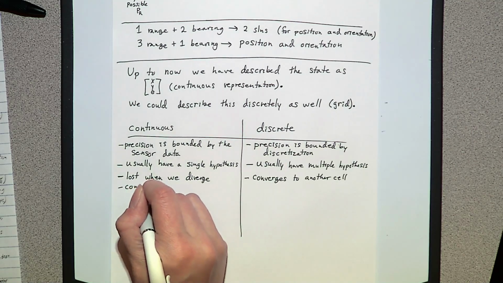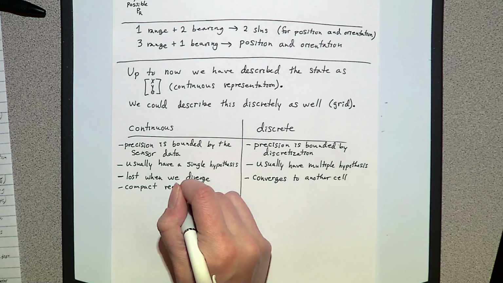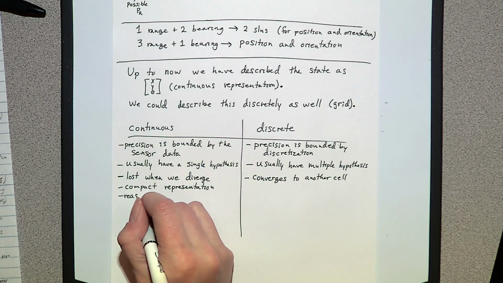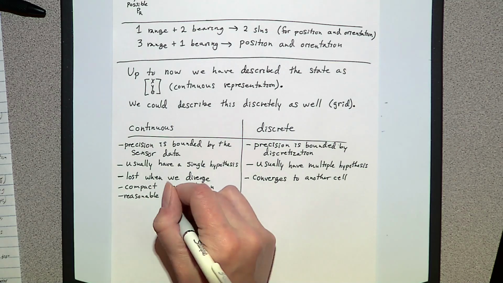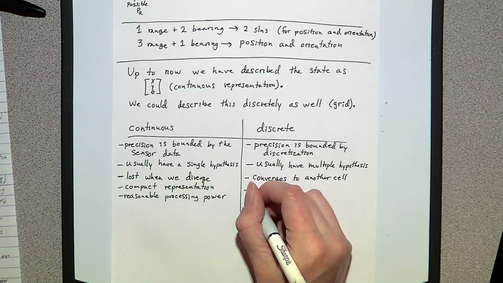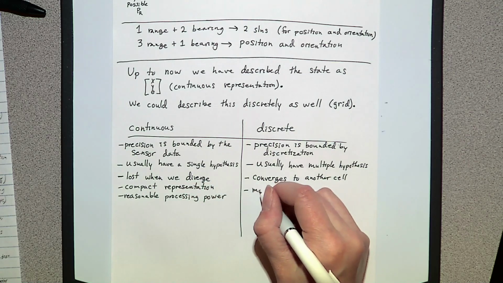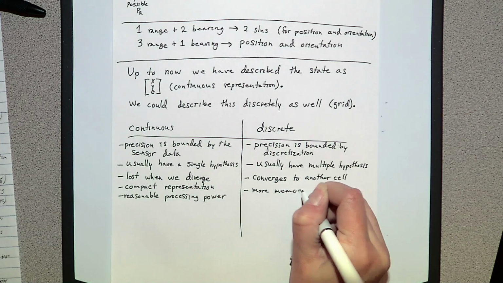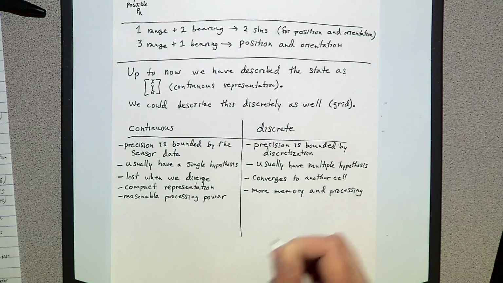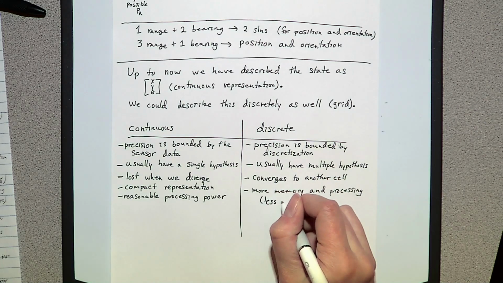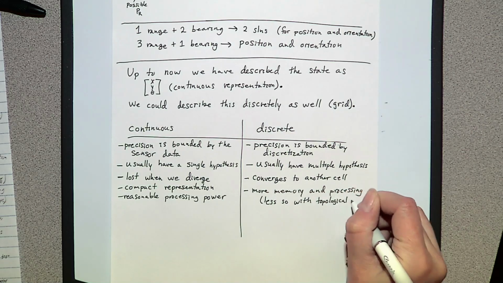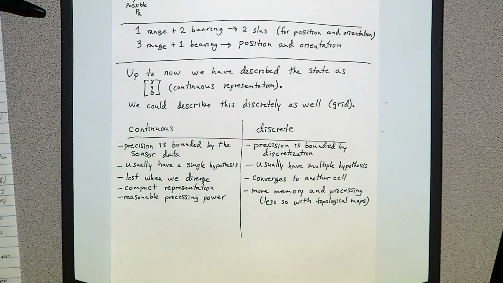The continuous is a pretty compact representation, and uses usually a reasonable amount of processing power. Whereas a discrete case can require more memory and processing, although it's less so if we use topological maps, which we'll talk about when we talk about mapping.